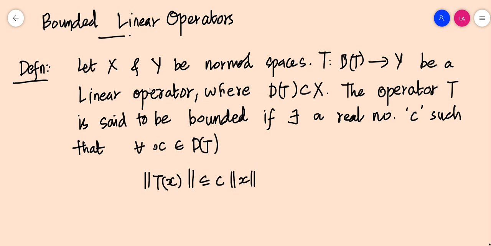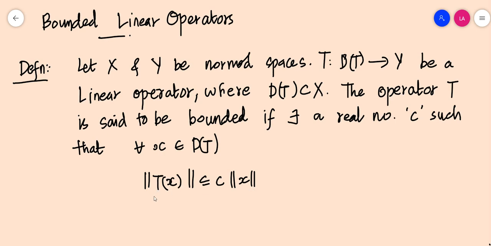Okay, so if you are given two normed spaces X and Y, a linear operator from the domain D(T), which is a subset of X, into Y, is said to be a bounded linear operator if it satisfies the linearity condition, and the second property is that there exists a real constant c such that for any x belonging to the domain, the norm of Tx is less than or equal to c times the norm of x.